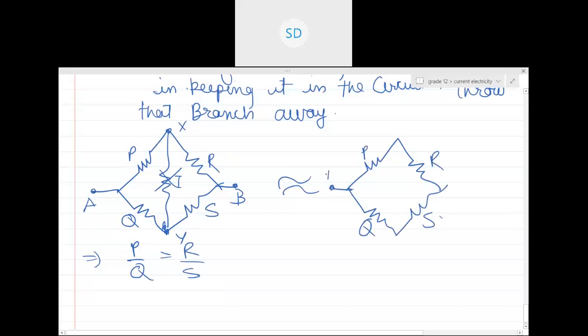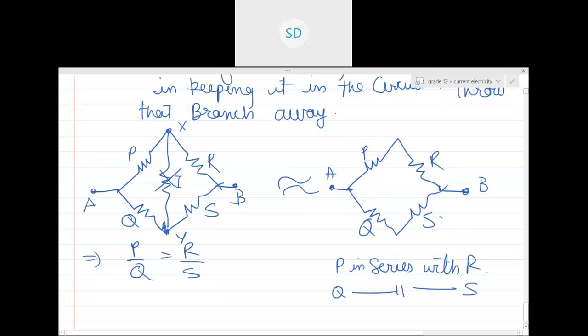Now can you see from here what the net resistance is? How will you calculate the net resistance? P and R are in series. Q is in series with S. Please note, these two will become series, not these two.